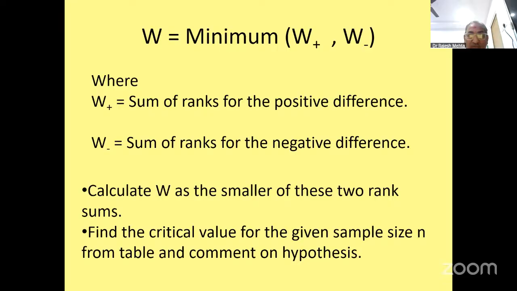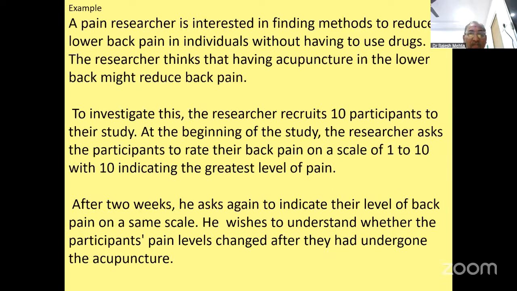When we go with the actual calculation, it will be much easier and you will be able to understand better. I will read the data slowly. A pain researcher is interested in finding methods to reduce lower back pain in individuals without having to use drugs.